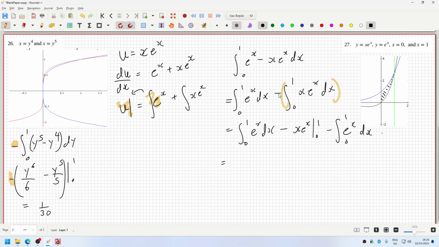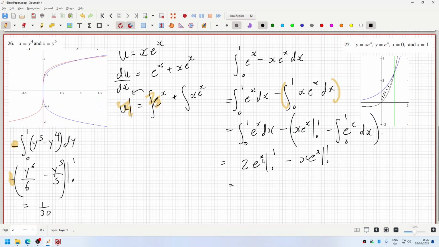Oh, I have to be careful now because there's a minus on the front here. So it will be minus this. That's better. So that means these two add together to make two of them. 2e^x from 0 to 1 minus x e^x from 0 to 1.